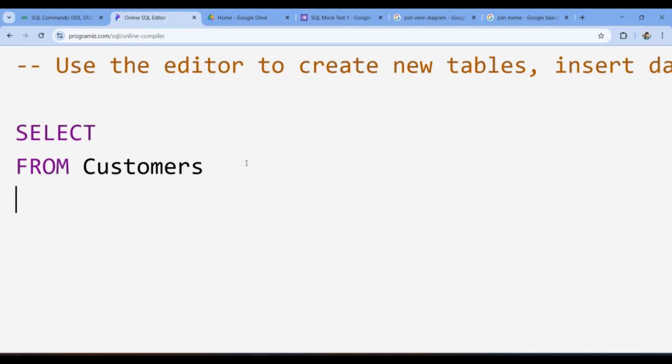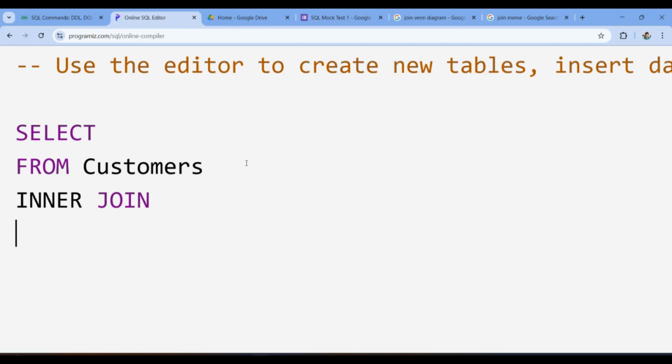Now, which type of join? That also you can write directly. Inner join like this. Or if you want to do a left join, then you can do left join, or you can say right join, or you can say full outer join. Okay. Let's start with inner join only.